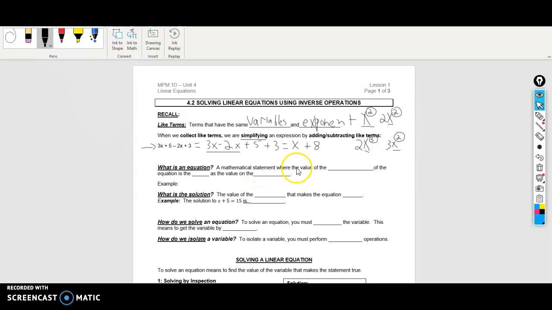So an equation is a mathematical statement where the value on the left side of the equation is the same as the value on the right side of the equation.